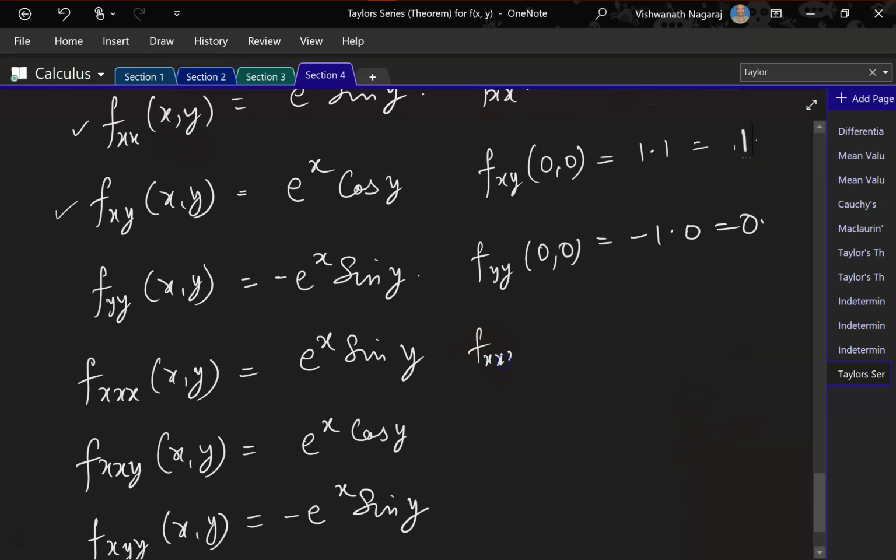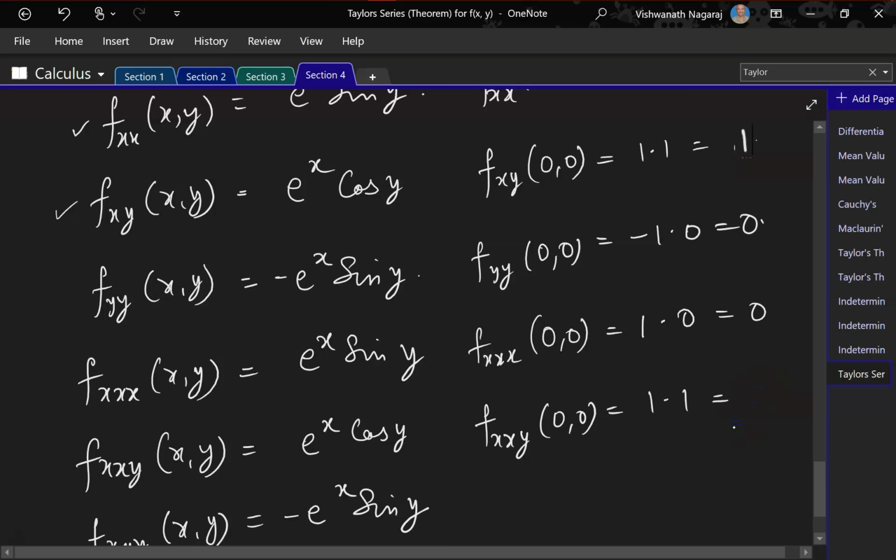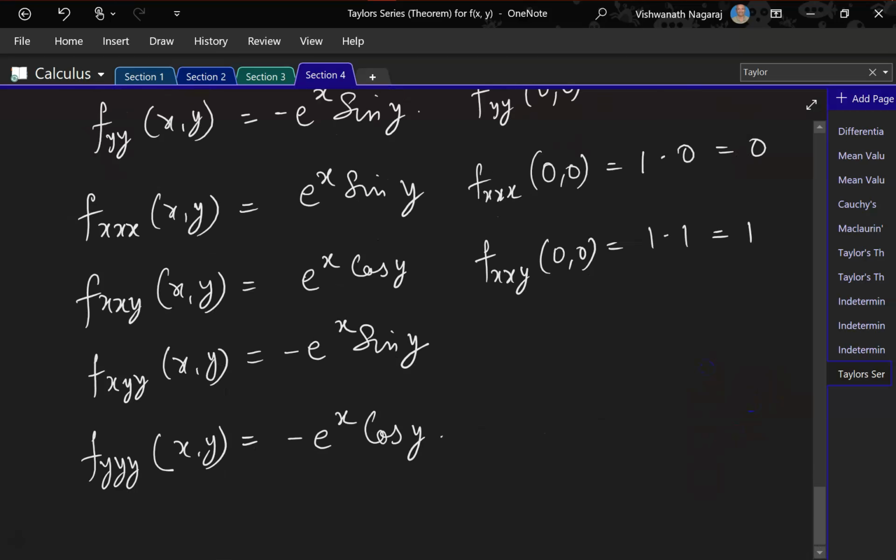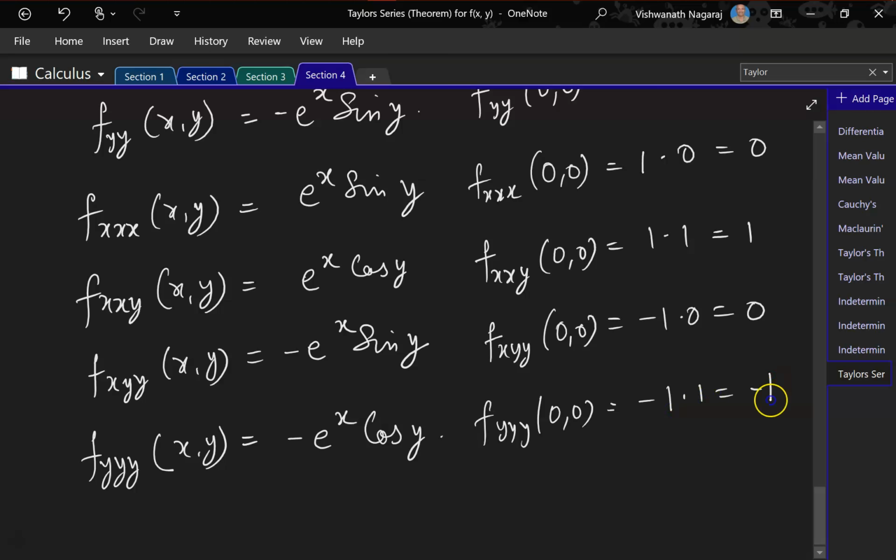f xxx at 0 comma 0 is equal to 1 times 0 equal to 0. f xxy at 0 comma 0 is equal to 1 times 1 equal to 1. f xyy at 0 comma 0 is equal to minus 1 times 0, which is 0. f yyy at 0 comma 0 is equal to minus 1 times 1, minus 1.